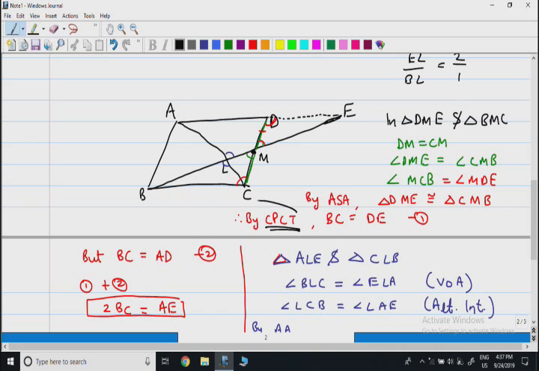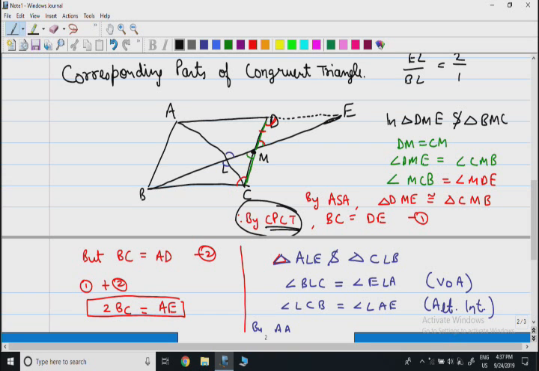So this is the standard short form, and this is the full form: corresponding parts of congruent triangles. If we have proved the triangles as congruent by any of the congruency criteria, after that to relate the remaining parts, we will use this short notation CPCT.